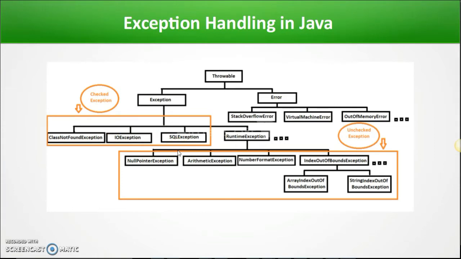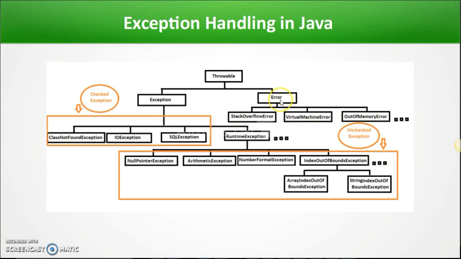The runtime exceptions are unchecked exceptions, which means they will not be checked by our JVM at compile time. They will be caught by our JVM at runtime, like NullPointerException as we have discussed earlier, ArithmeticException, NumberFormatException, IndexOutOfBoundsException, and further exceptions are possible. Okay, so these are the basic ideas regarding exceptions.